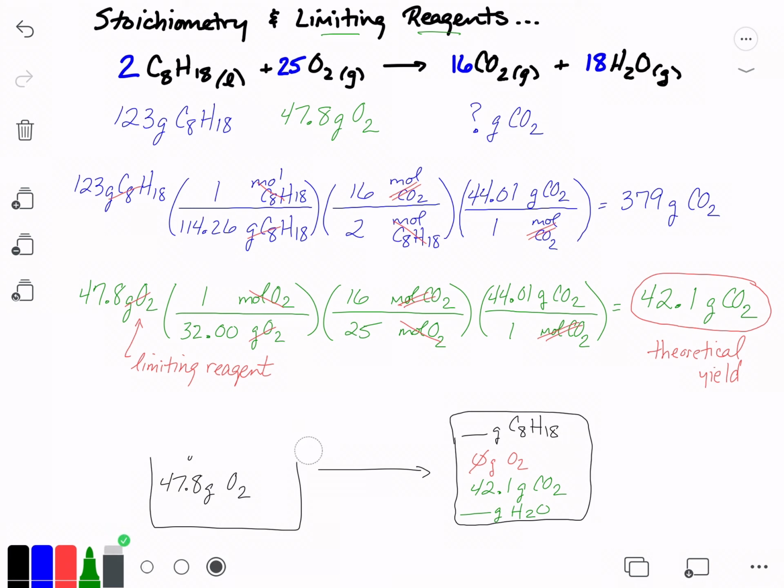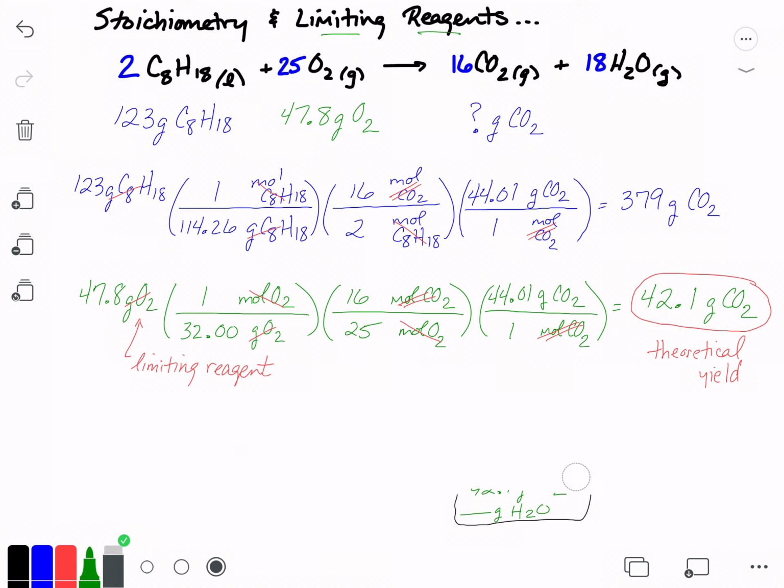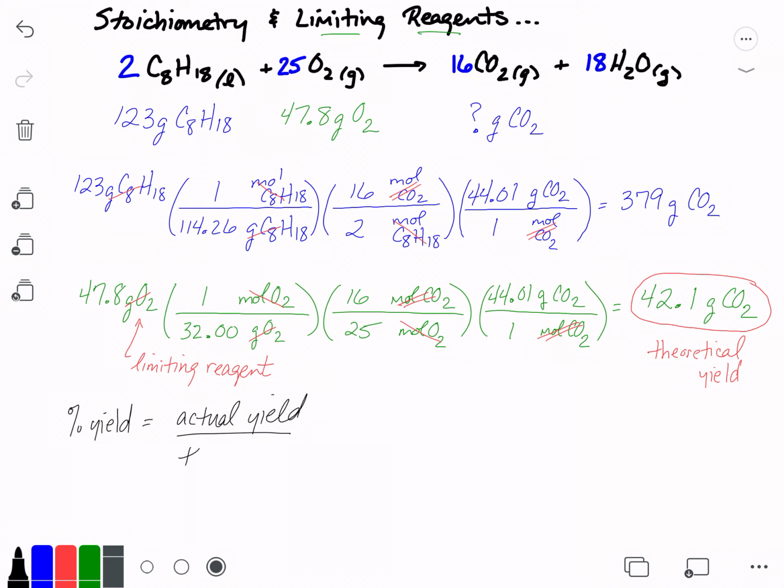Some problems will also ask us to calculate a percent yield for a reaction, and this is something we do in synthetic chemistry quite a lot to sort of measure how good a job we're doing. Percent yield is the actual yield that you made when you did the reaction divided by the theoretical yield, and then we express that as a percent.